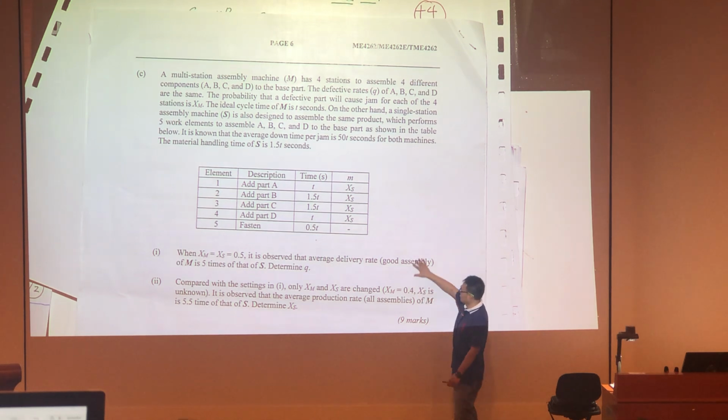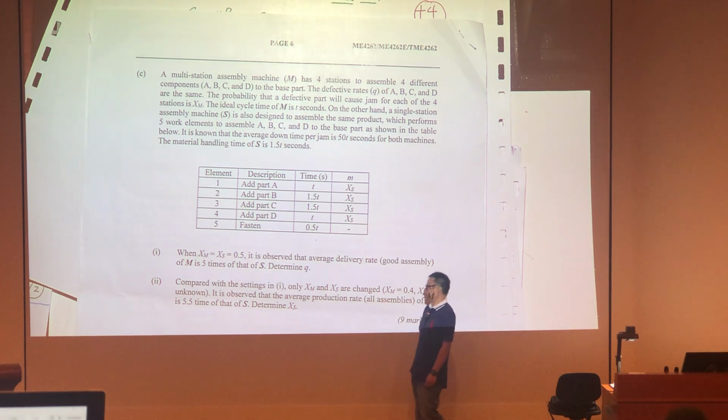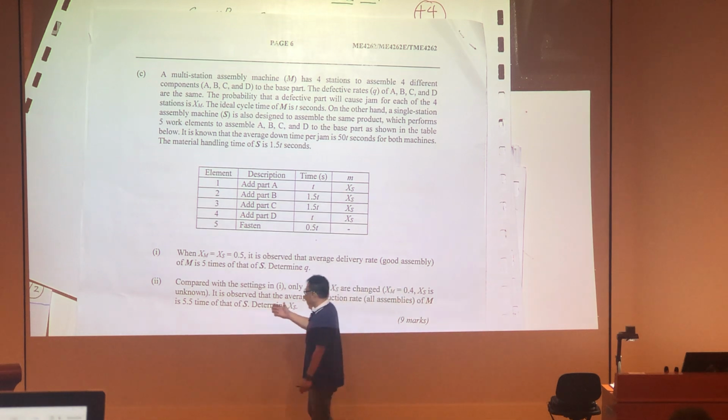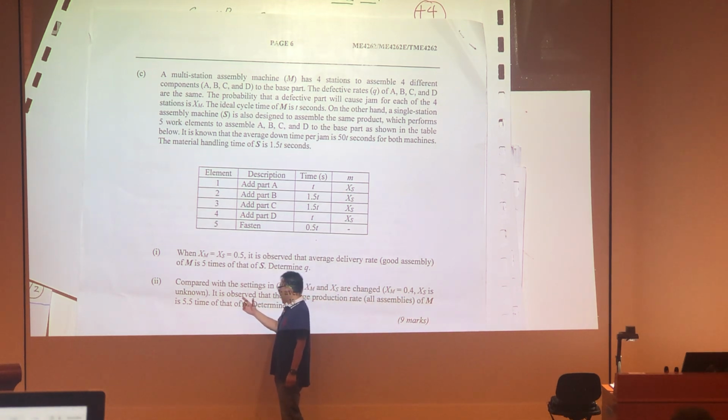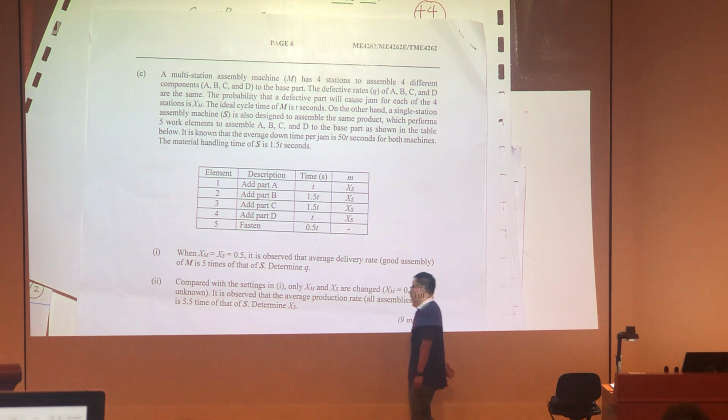The relationship between the average production rate is equivalent to the relationship between the average production time per assembly between these two stations. The average production time per assembly for S is 5.5 times of M.